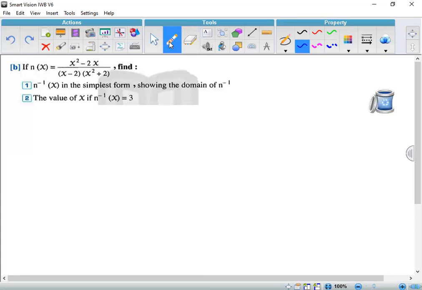Then I say n of x equals x power 2 minus 2x. We can take x as the common factor, the remainder is x minus 2, over x minus 2 times x power 2 plus 2.